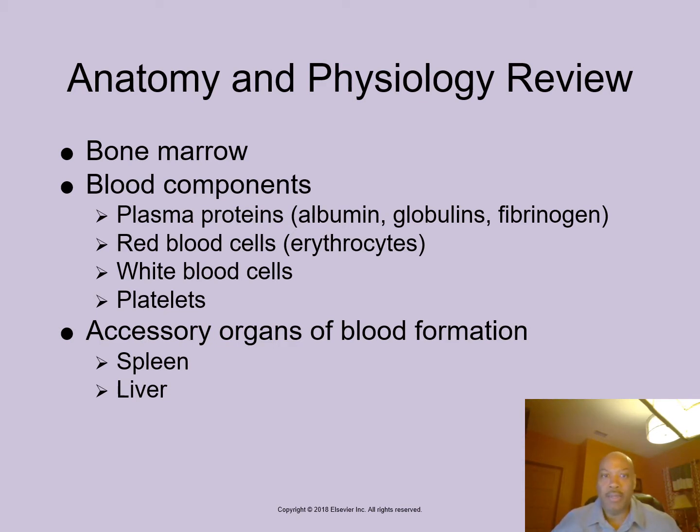It is produced at the same rate as red blood cells are destroyed in order to maintain circulating normal levels of red blood cells. So again, we're talking about balance. As red blood cells are being destroyed, erythropoietin is produced in order to increase the good red blood cells, while the old ones are being destroyed.